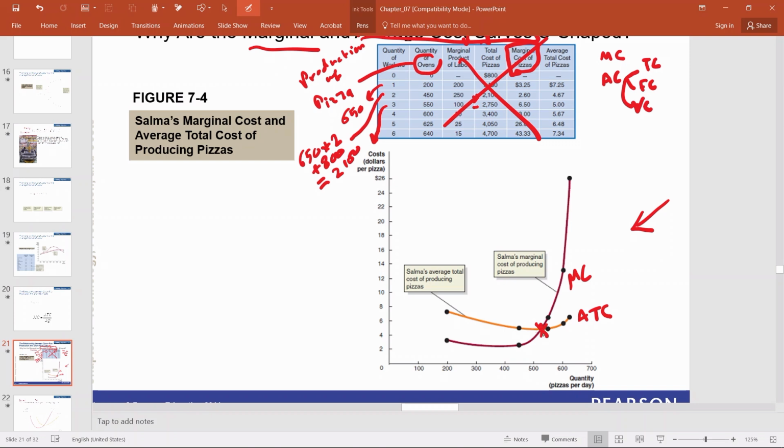So the intersection comes at this point, at the minimum level of average total cost. And when average total cost is decreasing, average total cost is greater than marginal cost. But when average total cost is increasing, marginal cost is greater than average total cost. Okay.